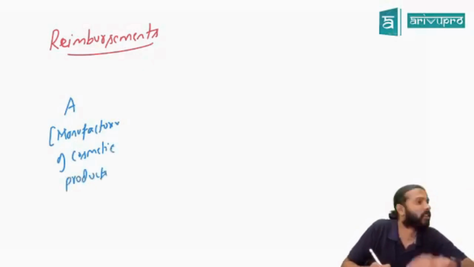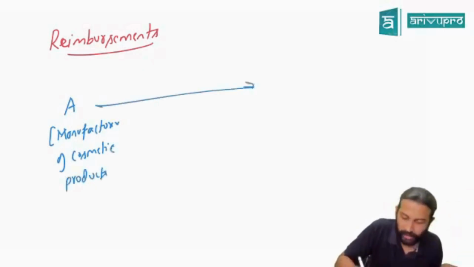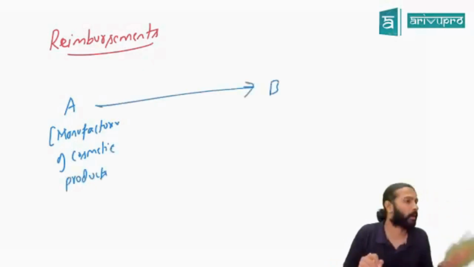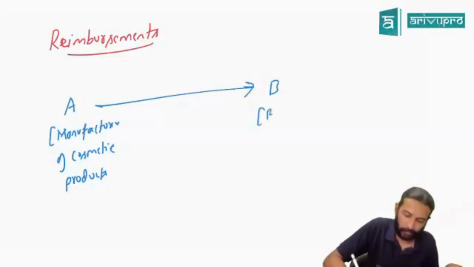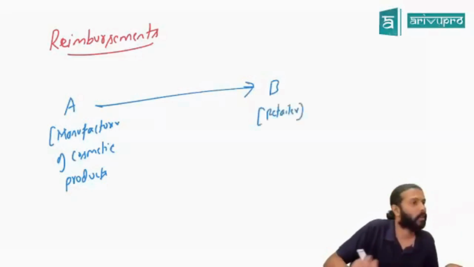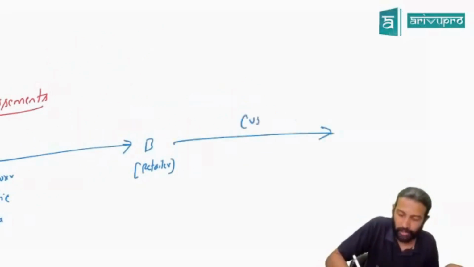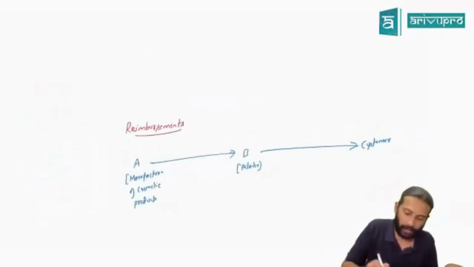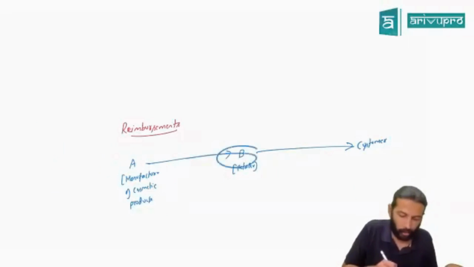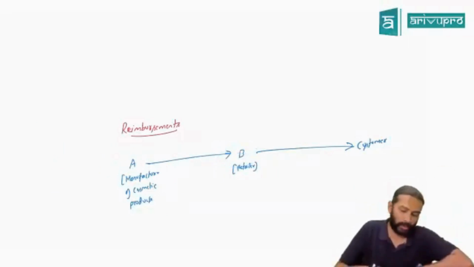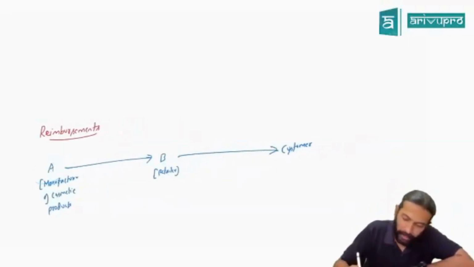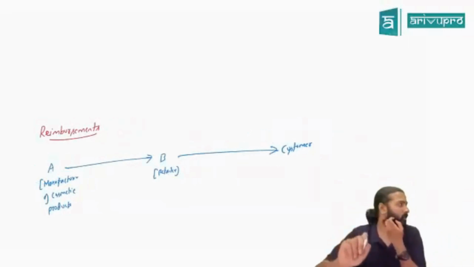A has sold the goods to B Limited, a retailer or a wholesaler, whatever. B Limited will ultimately sell it to the customer. This is the process. A Limited will manufacture the goods and sell it to B Limited. B Limited will purchase it from A Limited and sell it to the customer. That is his business.